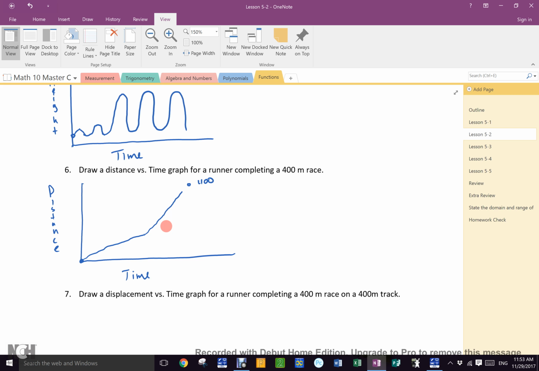You play video games and make avatars run for you. Then it's going to go up very steep at the very end for a quick finish if you're running it like a race. Do I care what your line looks like? No. The only thing important here is because it is distance, the line can only go where? Up.